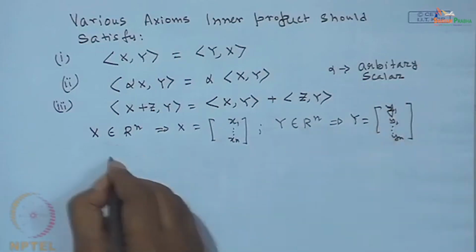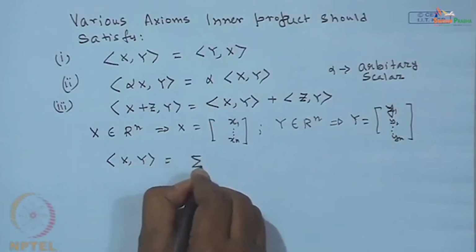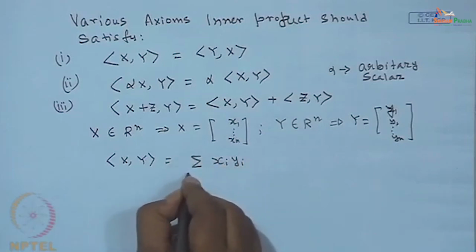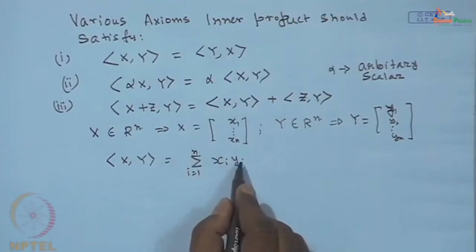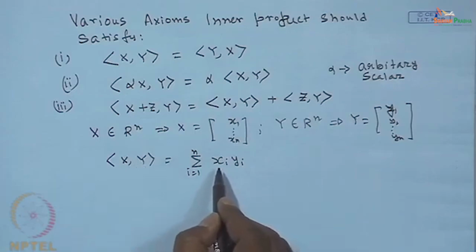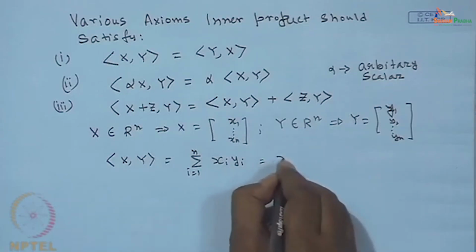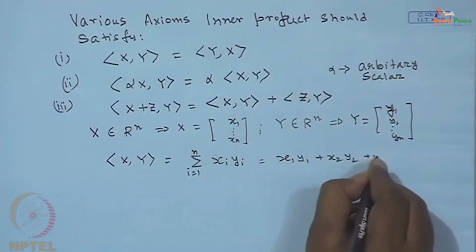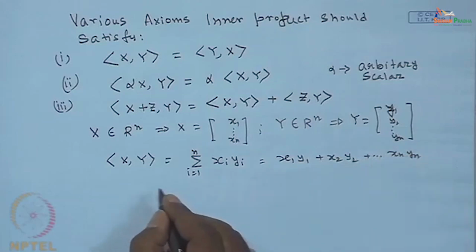Then the inner product between x and y is the summation of the corresponding elements: multiply the corresponding elements of the two vectors x and y, and then sum them up for all the elements. So, it will be x 1 y 1 plus x 2 y 2 up to x n y n.